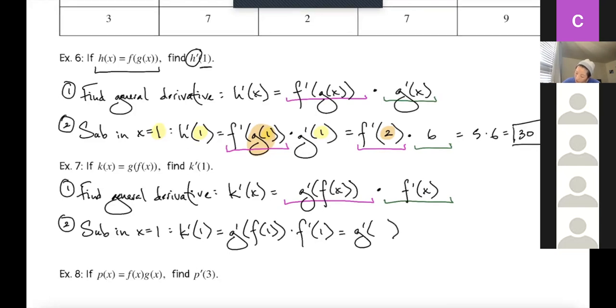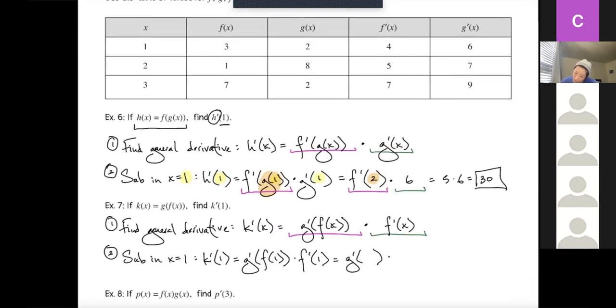What is that number? G prime of 1, let's see. Oh no, f of 1 is 3. Very nice job. And then for f prime of 1, I can go ahead and put a 4. Right? So f prime of 1 on the table is 4.